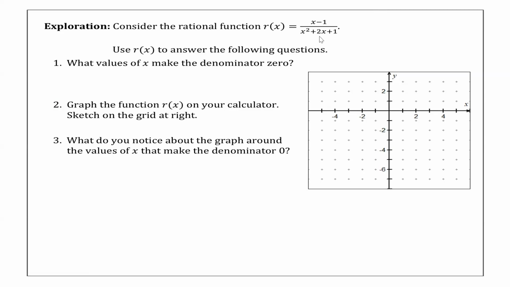We have x minus 1 over x squared plus 2x plus 1, okay? So what multiplies to give me 1, but adds to give me 2? 1 times 1. Okay, x plus 1 times x plus 1. Agree?